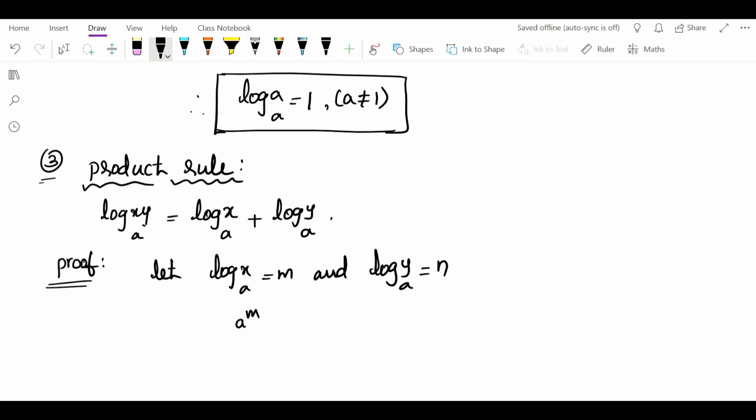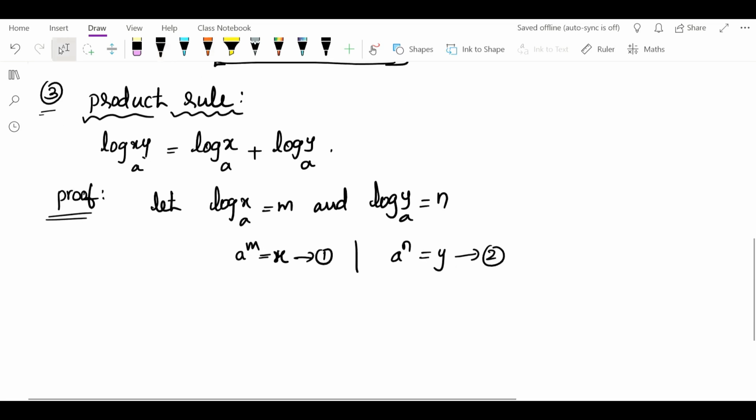Log x base a is equal to m can be converted into exponential form: a to the power of m is equal to x. This is considered as equation 1. Again, log y base a is equal to n can be converted into exponential form: a to the power of n is equal to y. This is considered as equation 2.